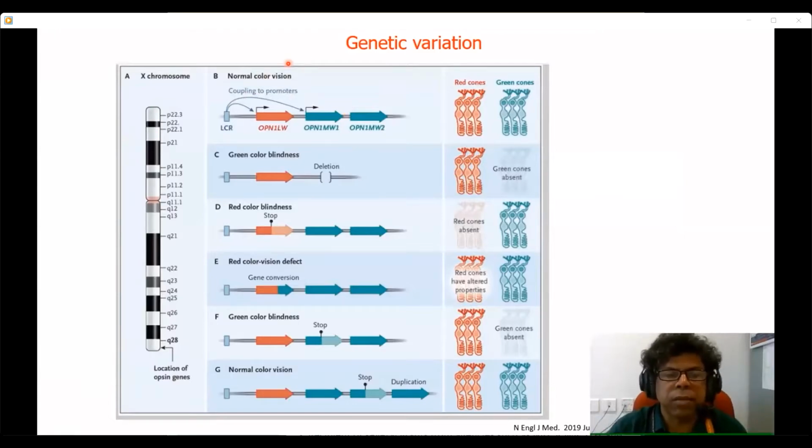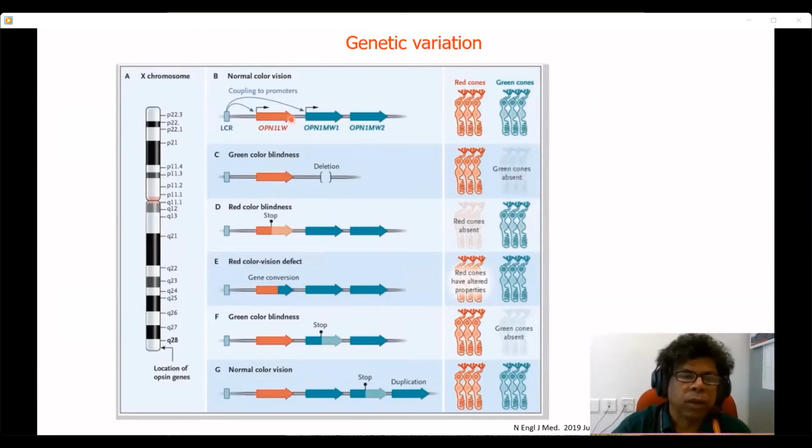If this gene gets mutated, there will be a disease called color blindness, particularly green color blindness or red color blindness. You can see this disease in 16% of the Northern European descent of Nordic countries such as Denmark, Norway, Sweden, etc.